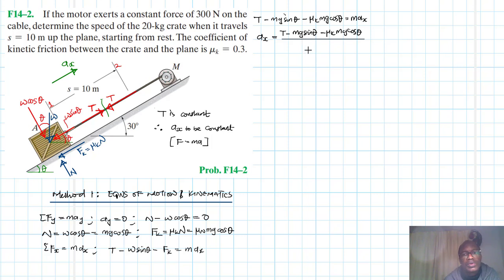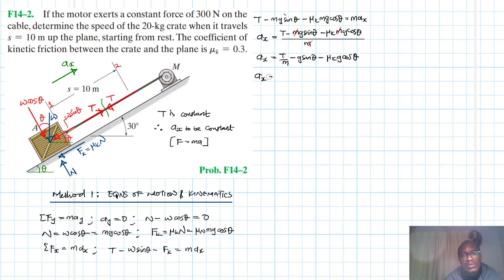Okay, so we have all these values. So our a x is equal to 300 minus 20 times 9.81, and we can cancel out some stuff here. What we remain with is a x equals T divided by m, minus g sin theta, minus mu k g cos theta.